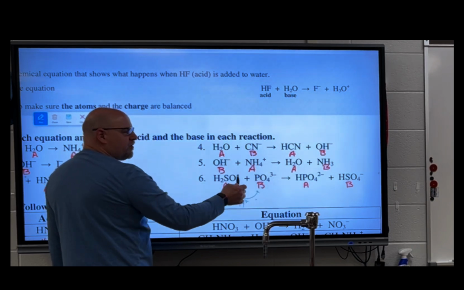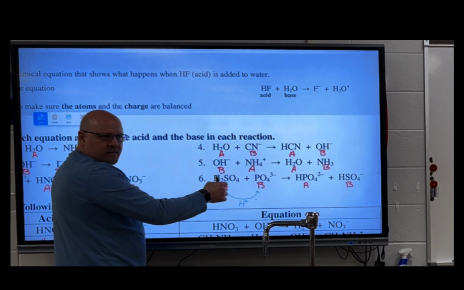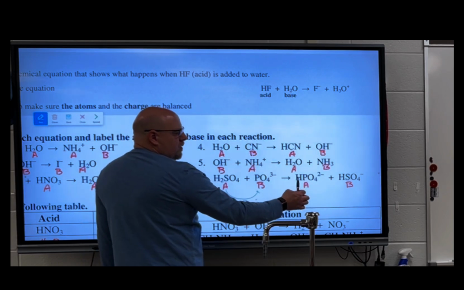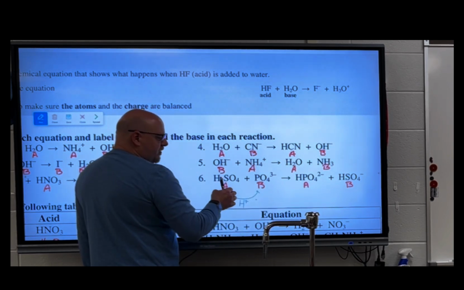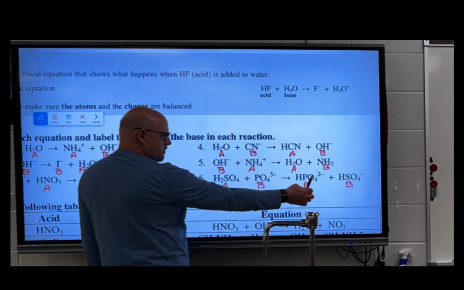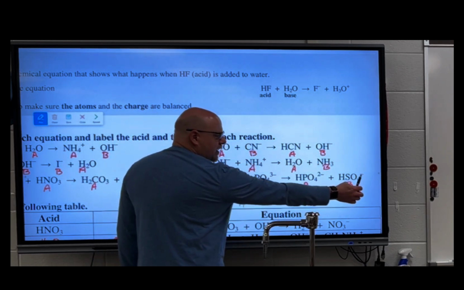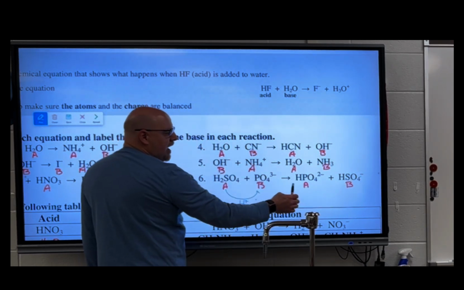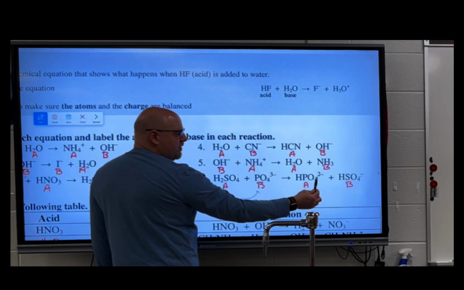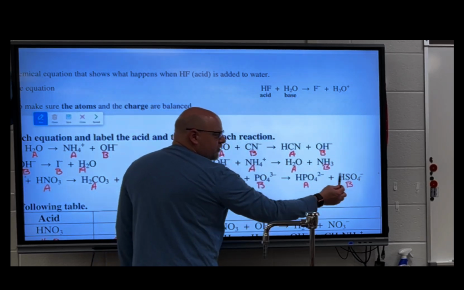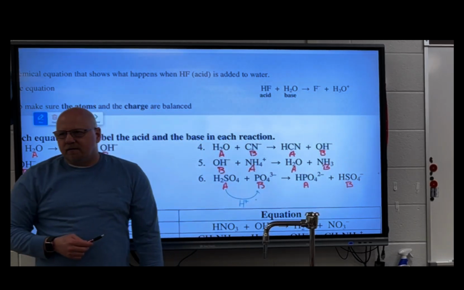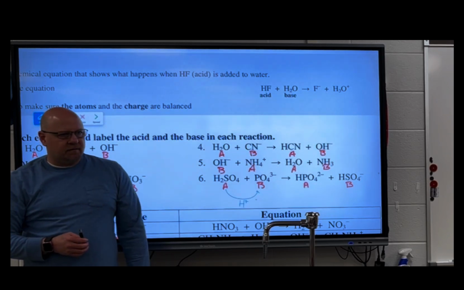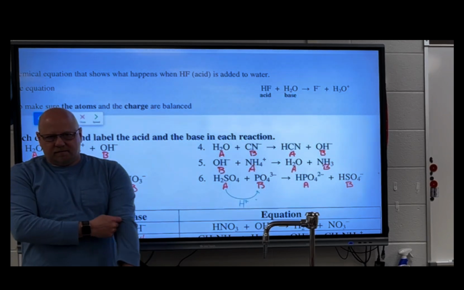The total over here is 3 negative. Once this loses a hydrogen, it's going to become a 1 negative, and then this is going to gain a hydrogen. It's going to become a 2 positive, but our total over here is still going to be what? 3 negative. Okay?